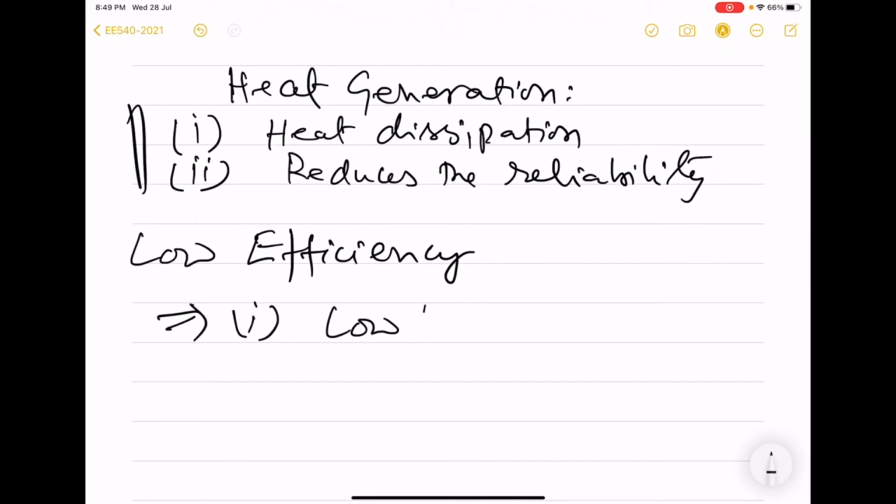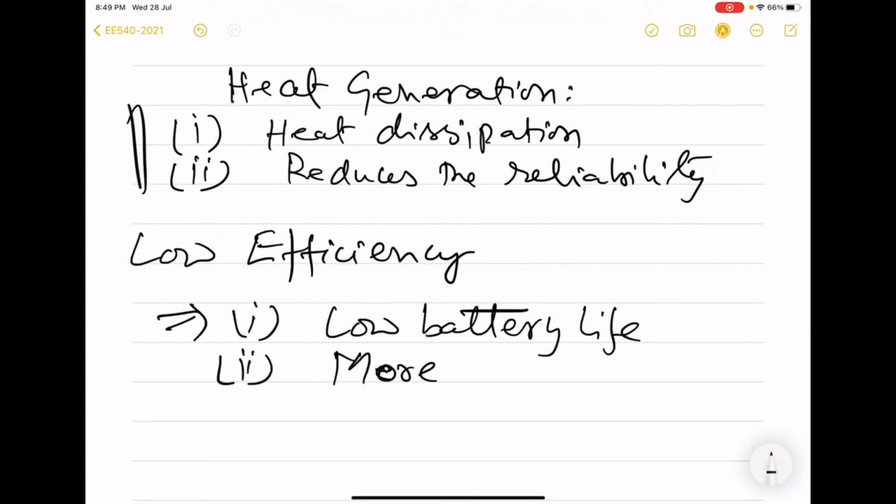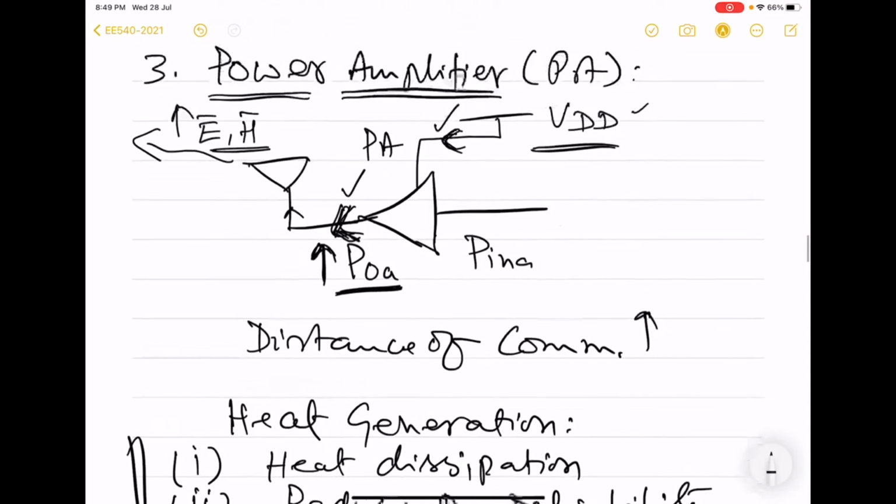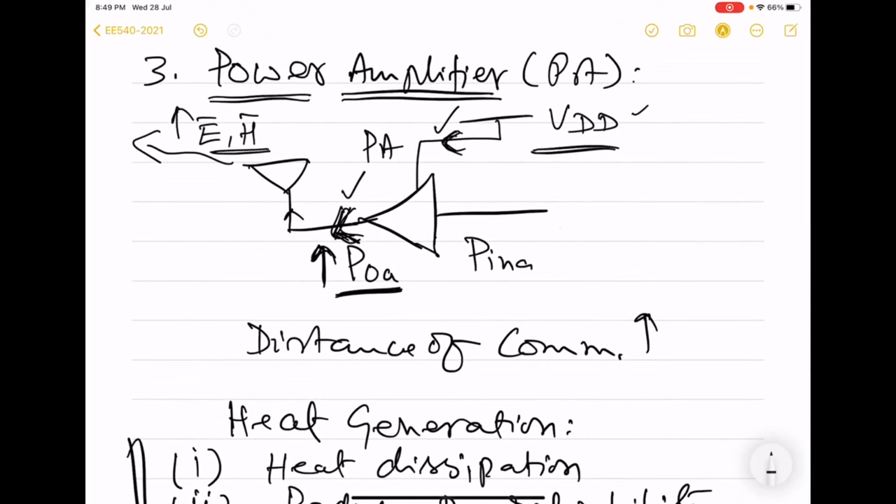One is low battery life, and second is if it is not battery driven, then more electricity charges. So that is why when we study this power amplifier, we will try to analyze the power amplifier with respect to efficiency.